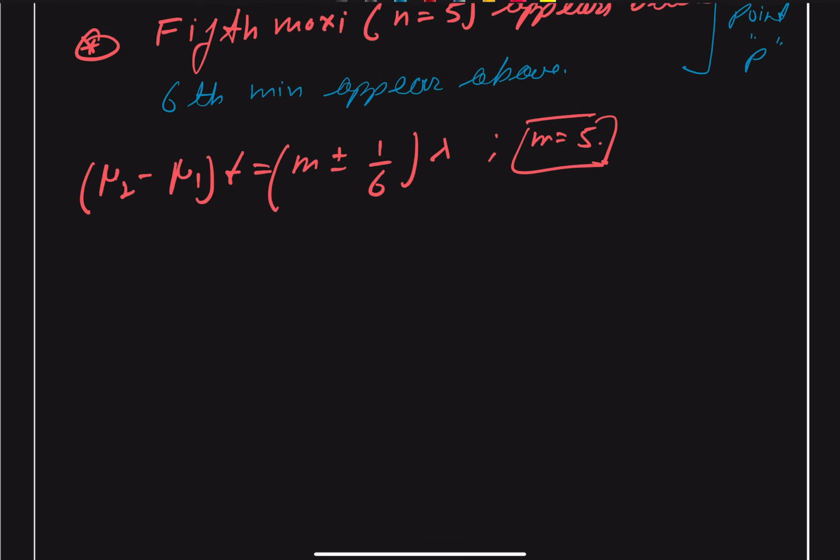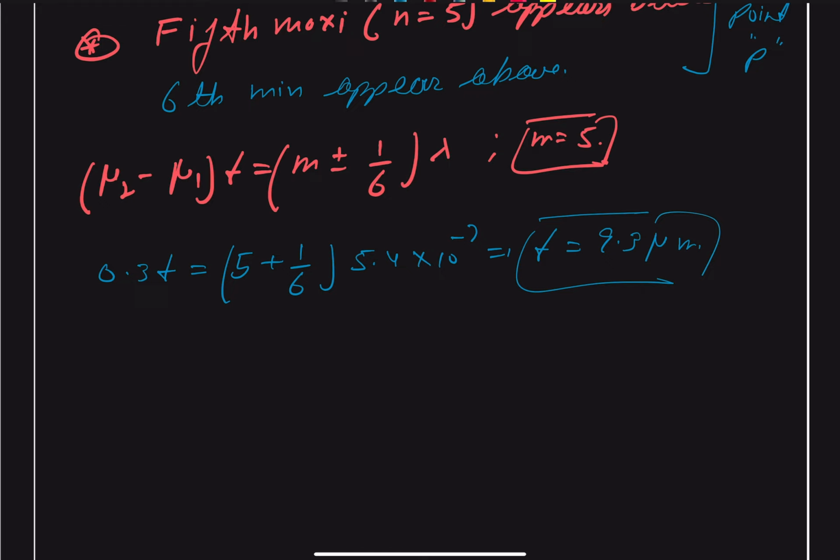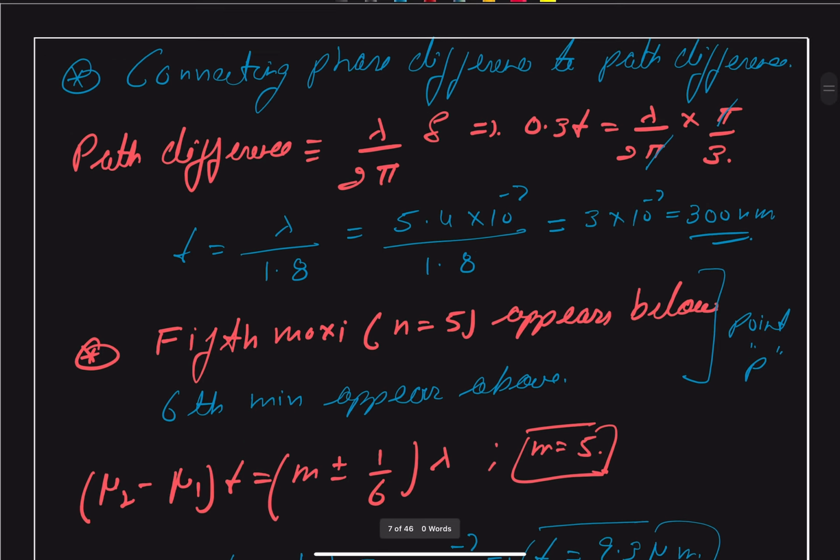We will get this as 0.3t, and this is about 5 plus 1 by 6, and lambda we already know is our 5.4 into 10 to the power minus 7. So this gives us a t will be close to 9.3 micrometers.